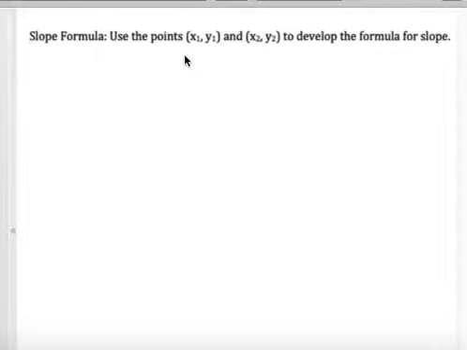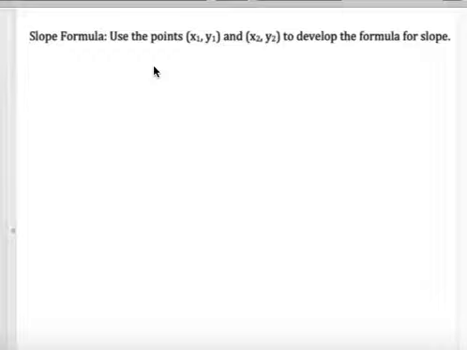If you had 2 generic ordered pairs, x sub 1 comma y sub 1 and x sub 2 comma y sub 2, what would the equation look like? I'd like you to write in this space here the mathematics of steps 1, 2, and 3 using these 2 ordered pairs. See what you can come up with.